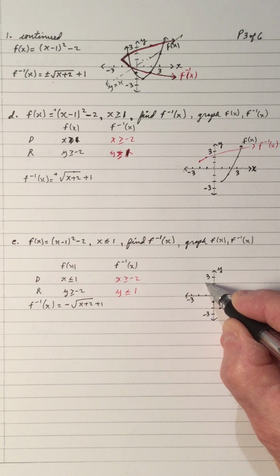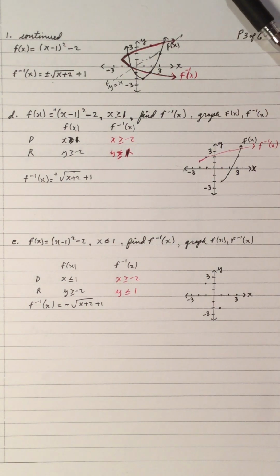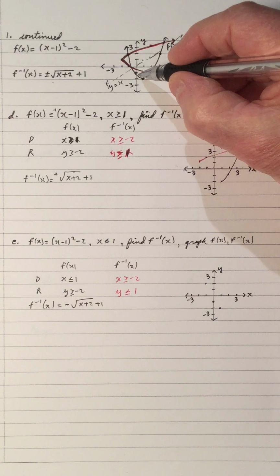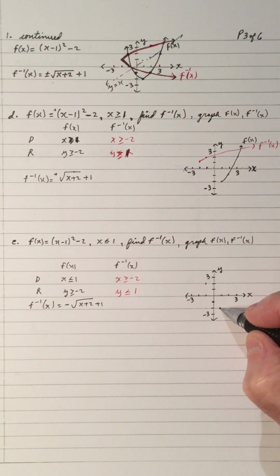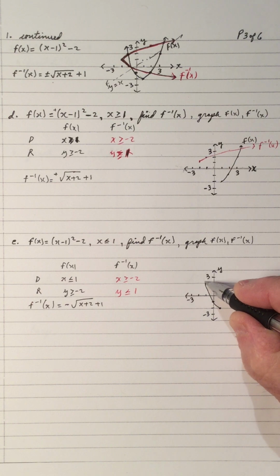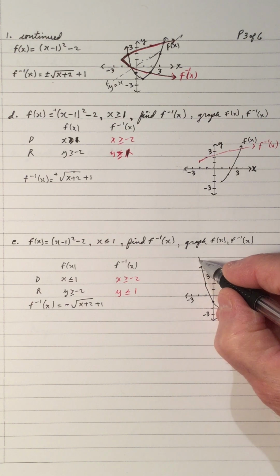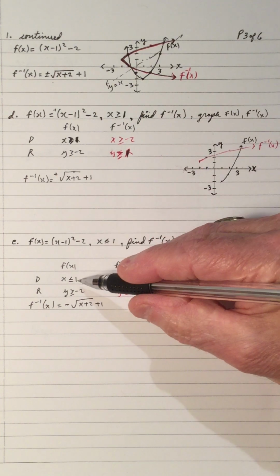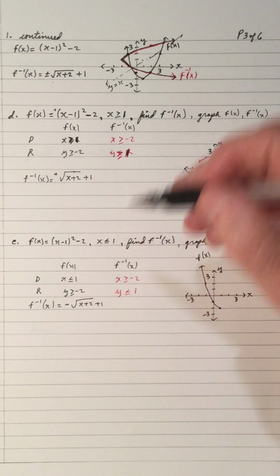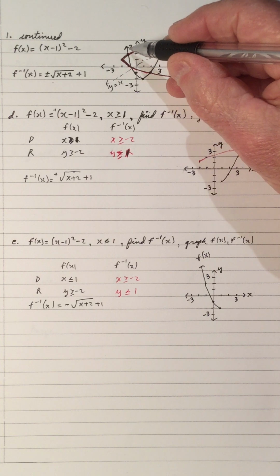Okay, there it is there. So what we're drawing is this piece right here, taking this point, this point, and this point. So notice this is the f of x. Notice because x is less than or equal to 1, it's the left side of this parabola.